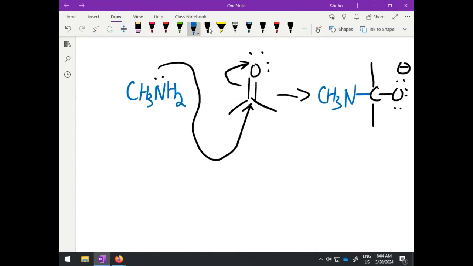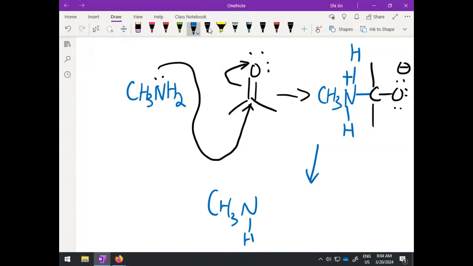Just keep in mind the formal charges. Obviously we have 2 additional protons here. Then you have a proton transfer, which I'm not going to go through in all the details.